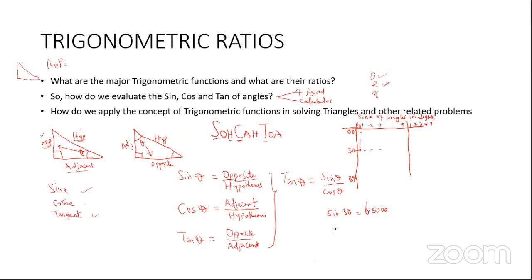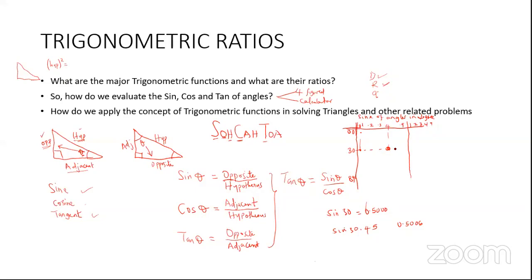Now, sometimes you want to check something like 30.45. How do we do that? We just go to 30 under 4. Whatever you have here is what you write down. Sorry, I don't have the exact value for that here. Let's assume that you get 0.5006, and you are looking for 30.45.